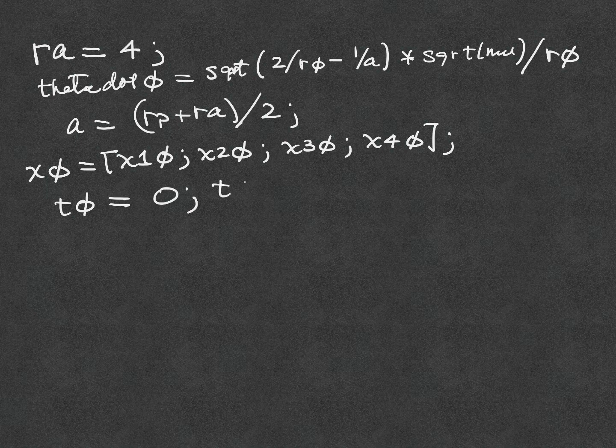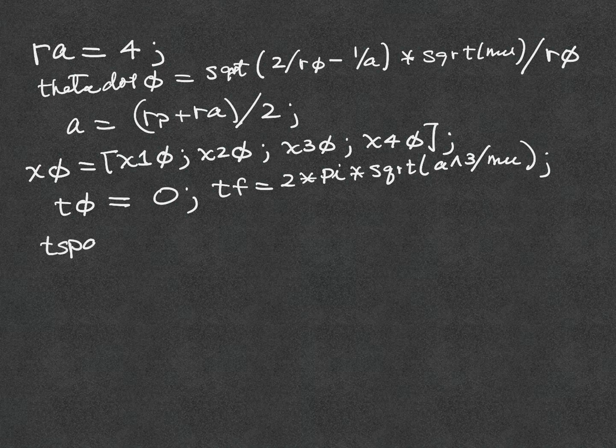I'm going to say tf is equal to 2 times pi times the square root of a cubed over mu. So that's my final time. So then my t-span is equal to t0 comma tf.